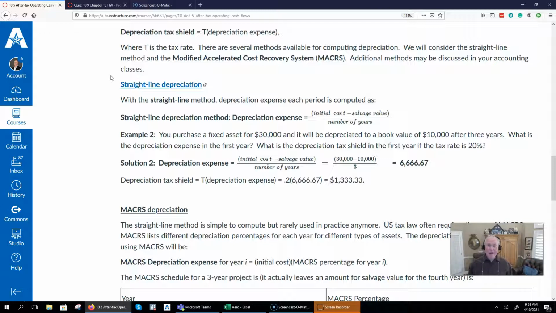Now in the straight line depreciation world, again this is not used very much in practice, there are two camps of thought. One is that you should deduct the after-tax salvage value when calculating the annual depreciation charge. The other camp says no, not to do that.